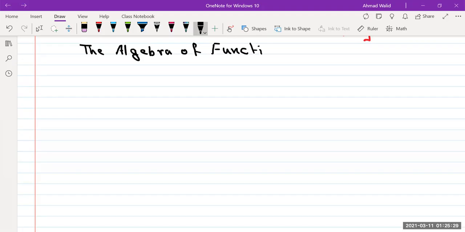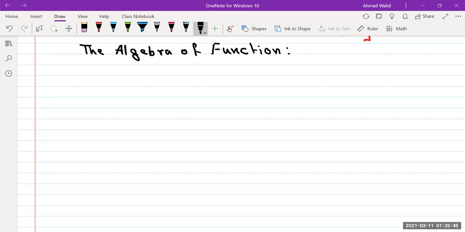The name looks really difficult. Whoa, what is the algebra of functions? But as soon as I explain it, you will start laughing because it's really easy and you already know this, but not by this name.